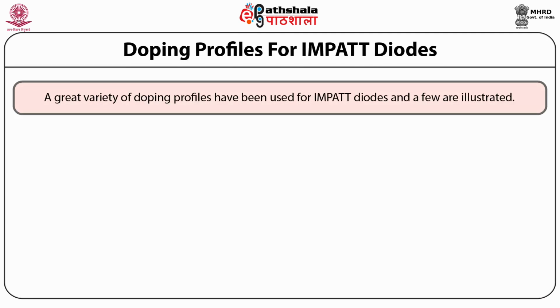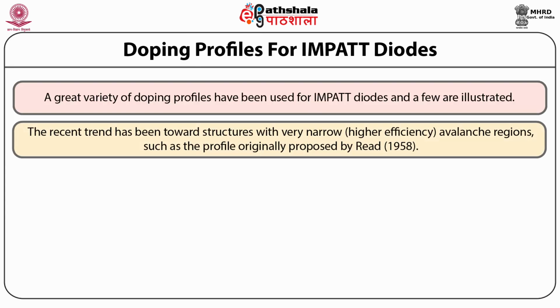A great variety of doping profiles exist for Impatt diodes, and a few are illustrated in these figures. The recent trend has been towards structures with very narrow avalanche regions, meaning higher efficiency, such as the profile originally proposed by Read in 1958.